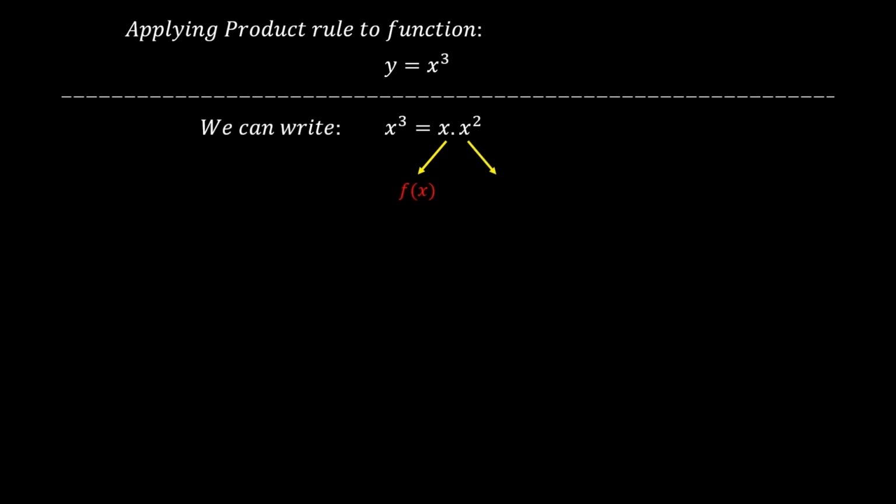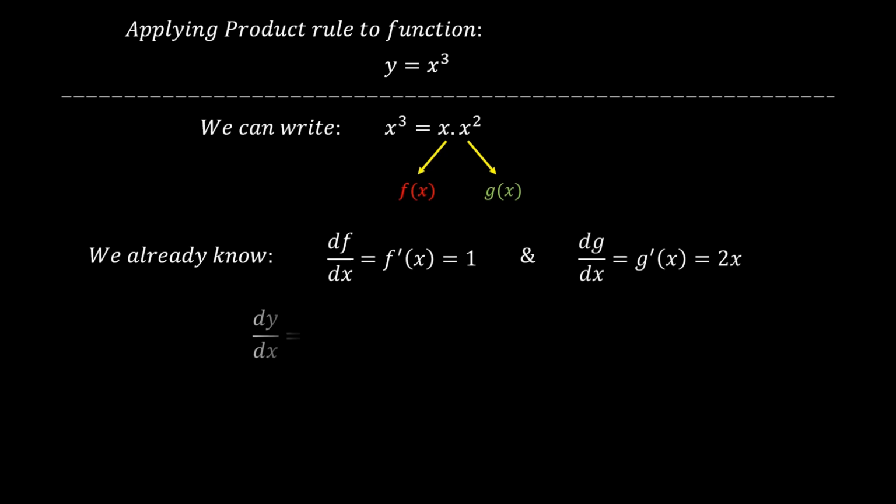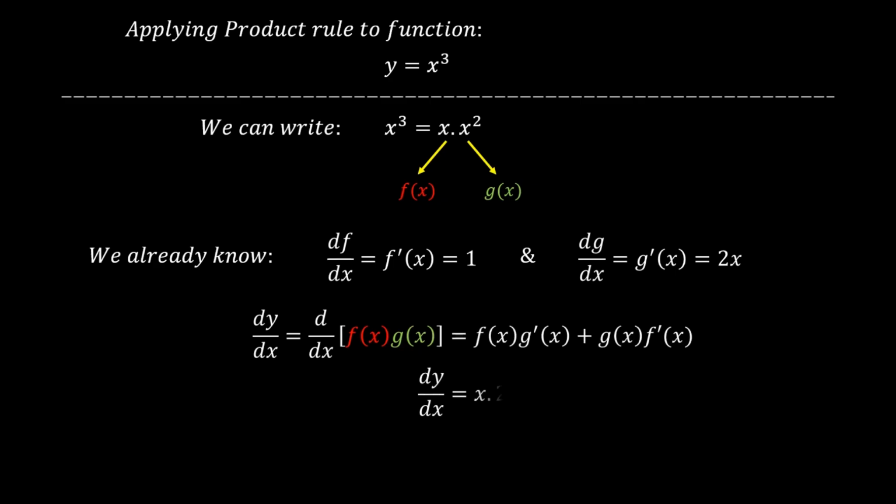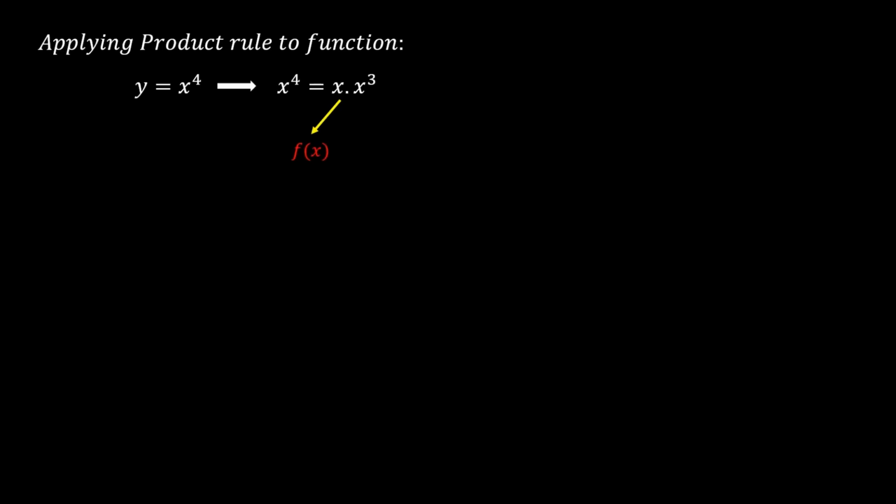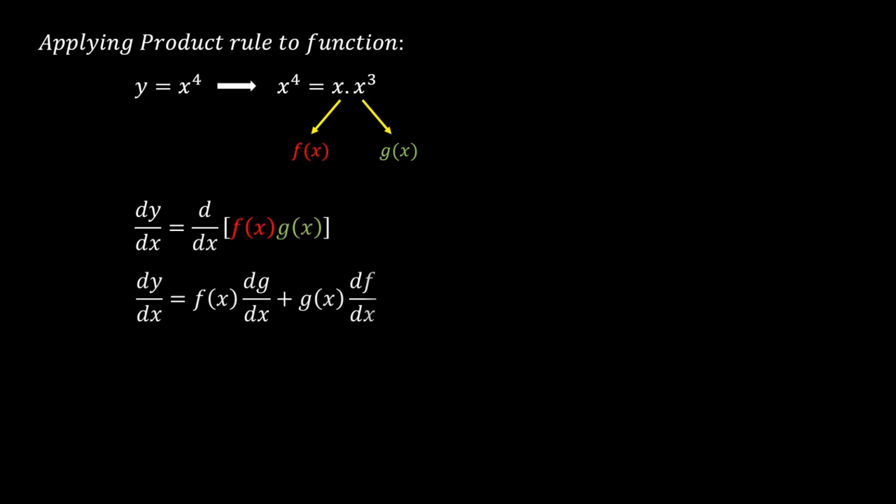Since we already know the derivative of x and x squared from our previous example, by using them and applying the product rule, we get the derivative of x cubed equals 3x squared. If we use the same process on x to the power 4 by splitting it into two functions, x and x cubed, we get its derivative equal to 4x cubed.